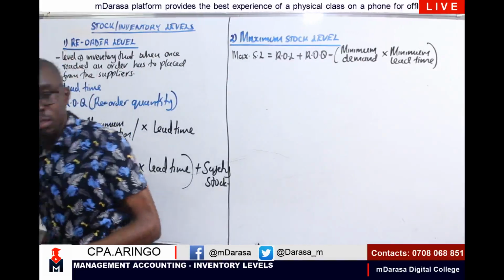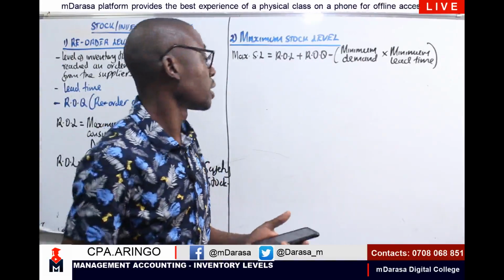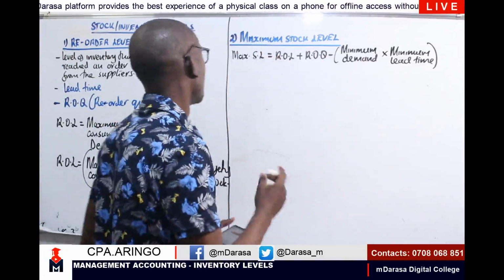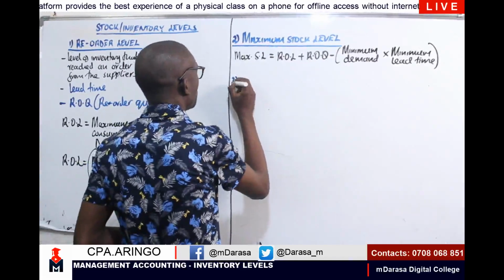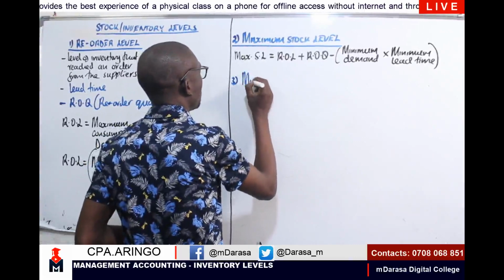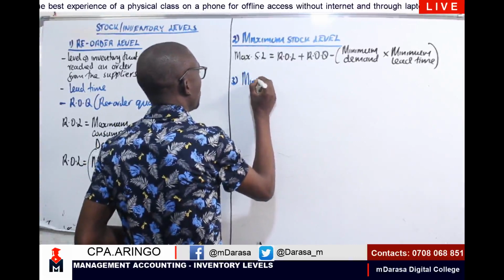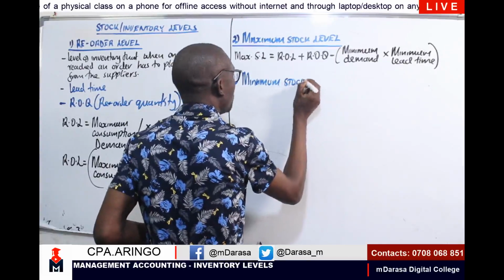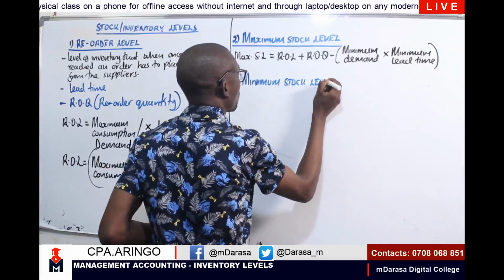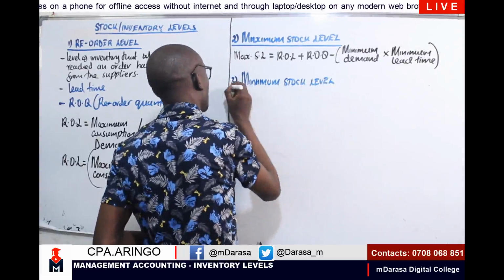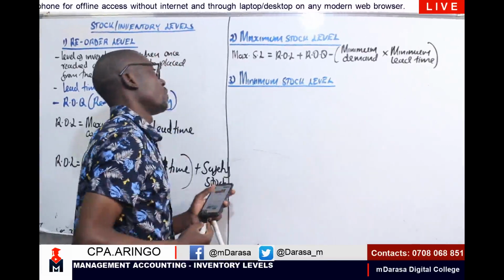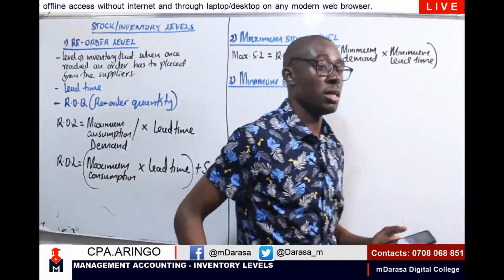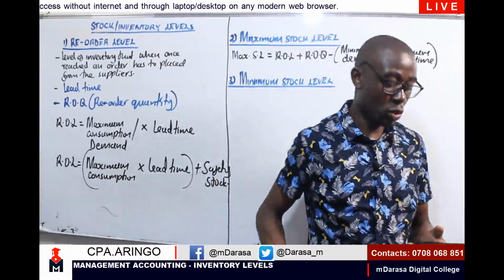Now, after we have looked at that, that should take us to item number 3, which we are referring to as the minimum stock level. You'll find that minimum is the opposite of maximum stock level.